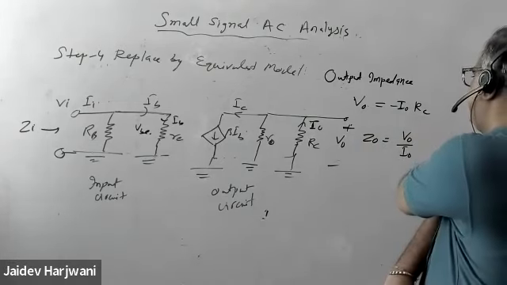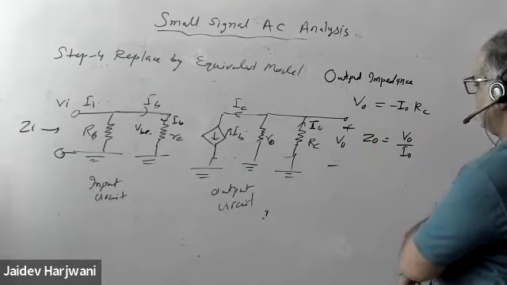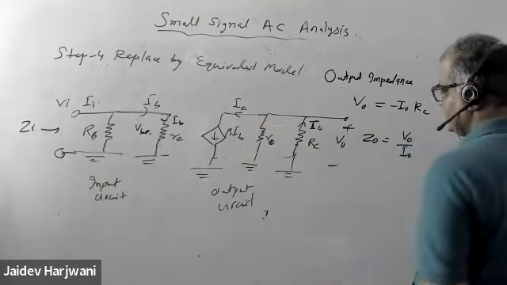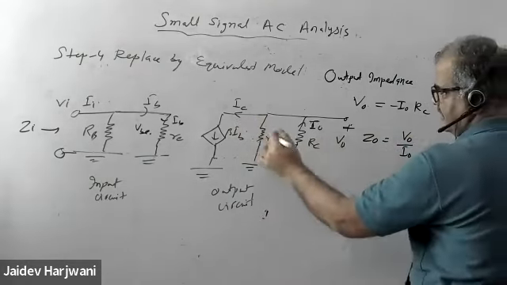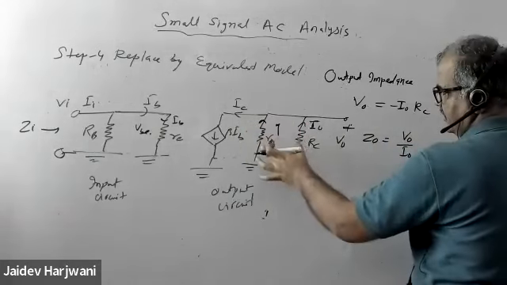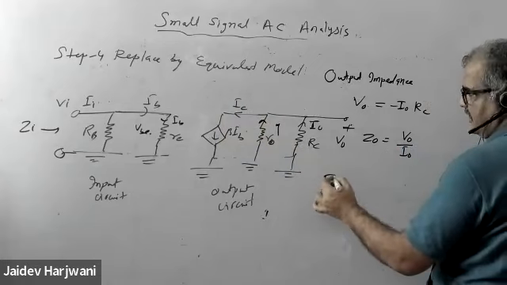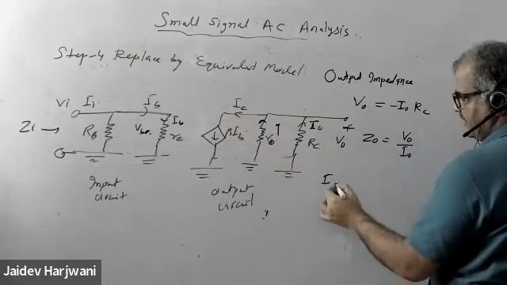So what can I write now? I don't know this I naught value. I want to bring this I naught value in terms of IC. So some current is coming here and some current is going also here. Combine this, they form IC. So if I do current division, then I can find what is my I naught.